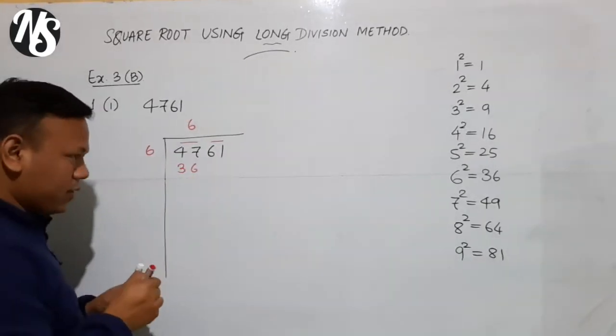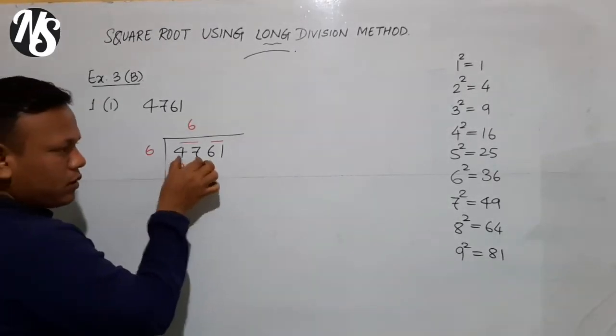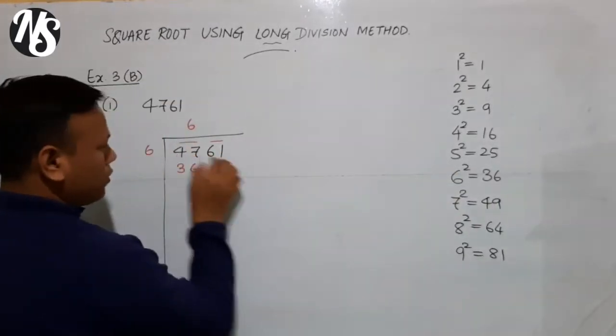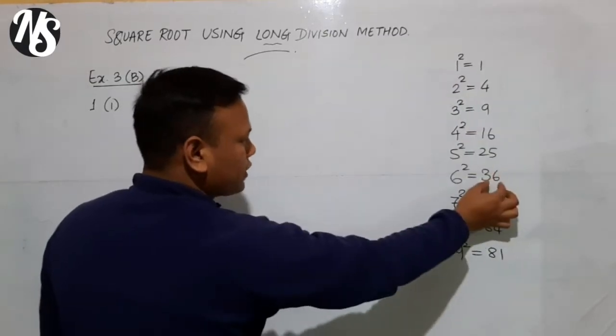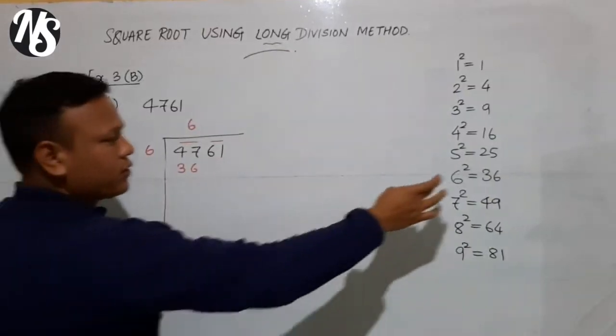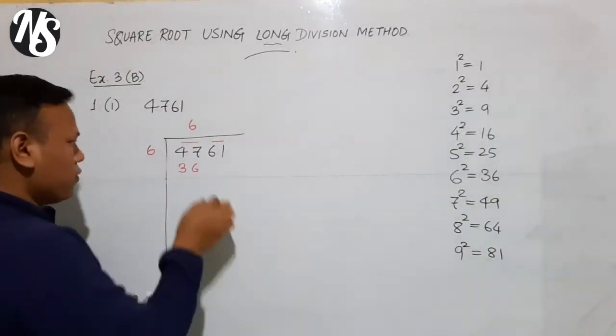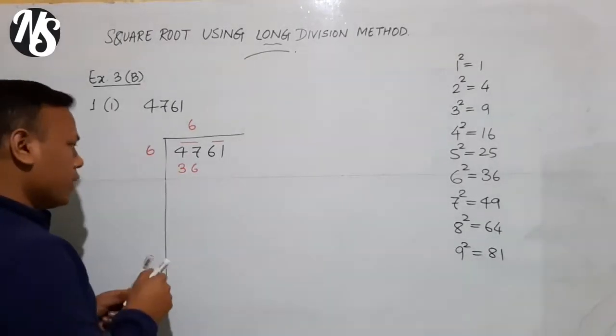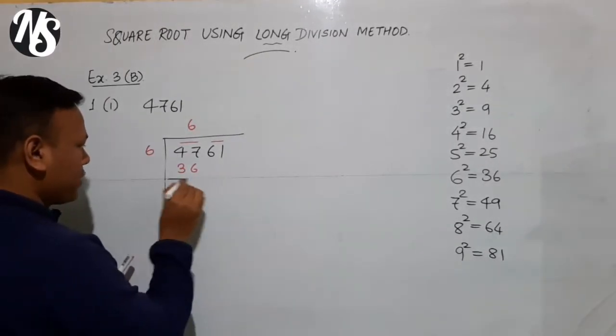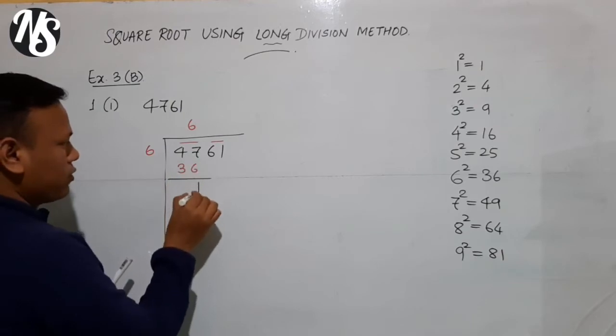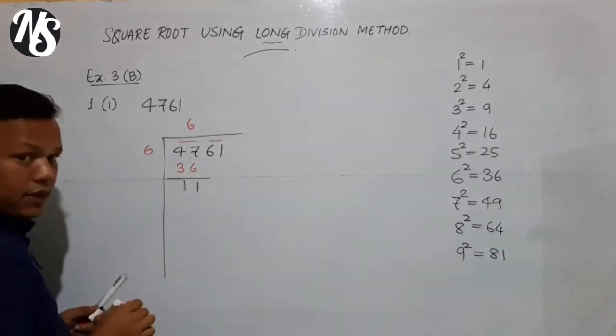Please understand this. Look at the number, and you have to search for a number which is just less than this particular number, which is 36 out here. So 36 is written. Next we have to subtract. So how much do you get? 11.